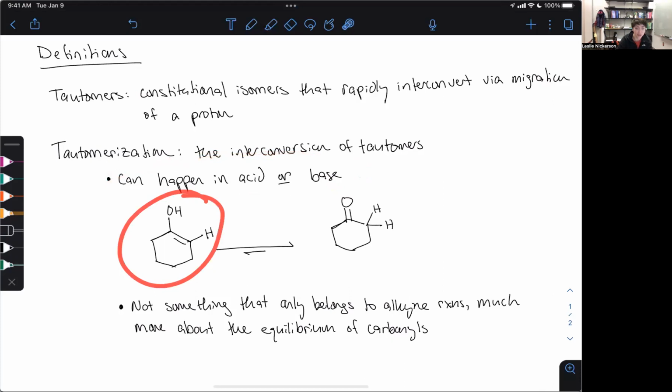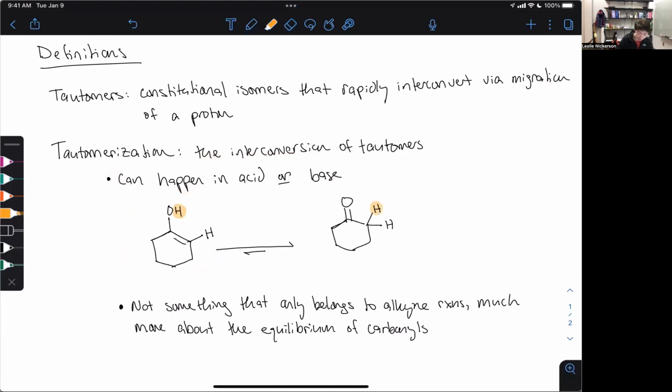So this is an enol, okay? This is the tautomer of this ketone. When we're looking at this, we're looking at migration of a single proton. In this case, we're looking at the migration of this proton to here.